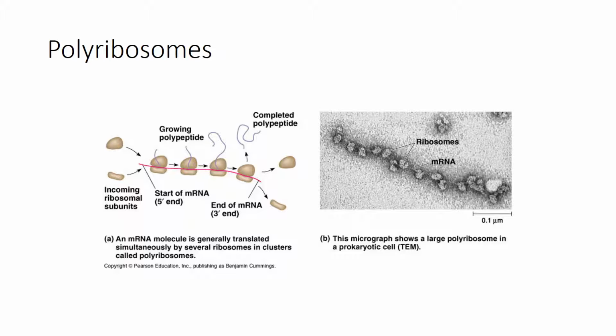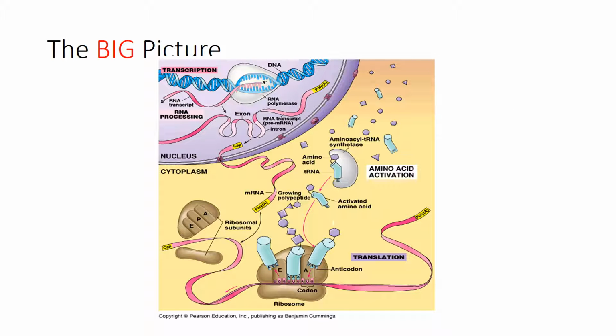Once it is broken down, we'll stop making the proteins. Different types of enzymes will break down the messenger RNA molecule and recycle all the nucleotides to be used once again. That's a polyribosome, when you have multiple ribosomes making proteins, and in this way, a cell can produce a lot of protein in a very short period of time.